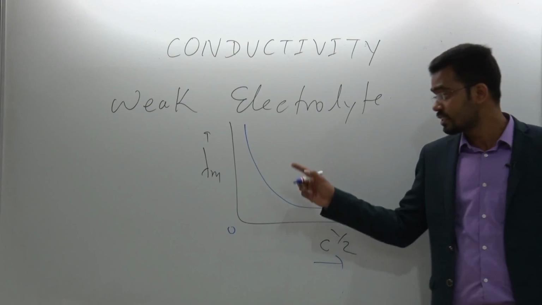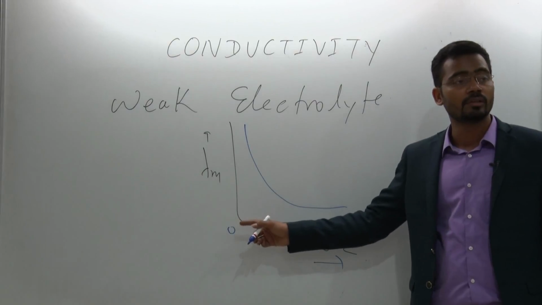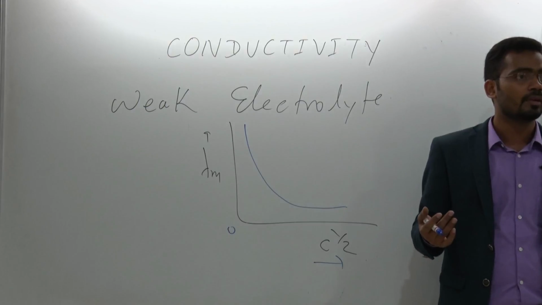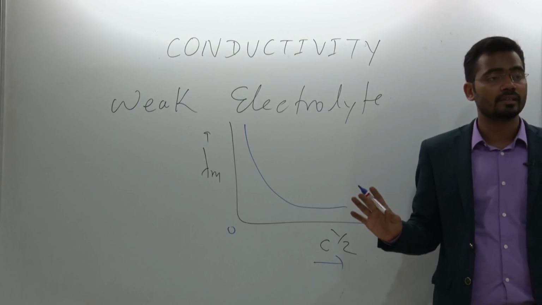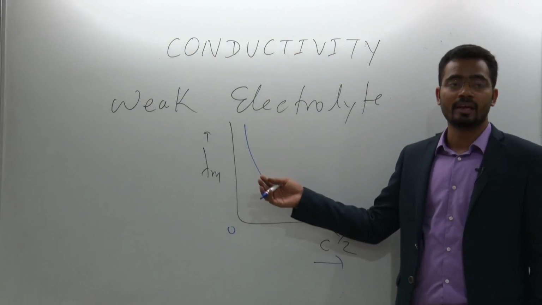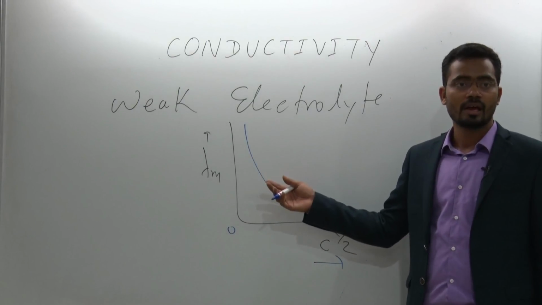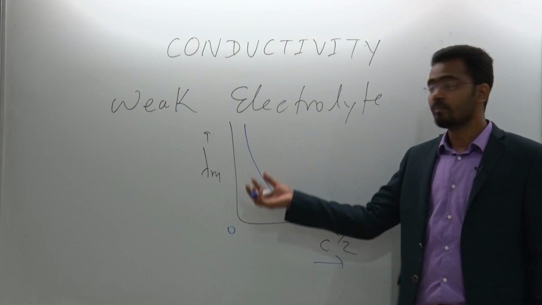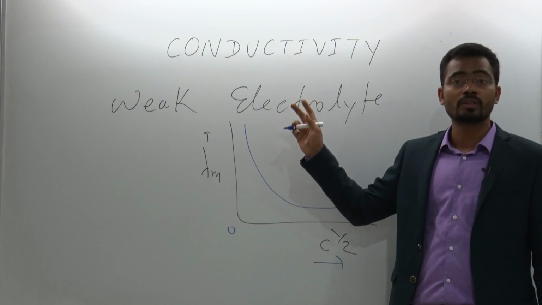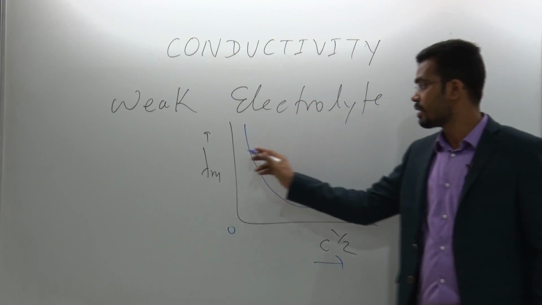But at infinite dilution, carriers will increase. If alpha increases, it means the number of ions increases. Yes or no? So as concentration decreases, alpha increases, that is ions increase, and hence carriers increase, therefore conductivity increases. But what about strong electrolytes? The curve is like this.